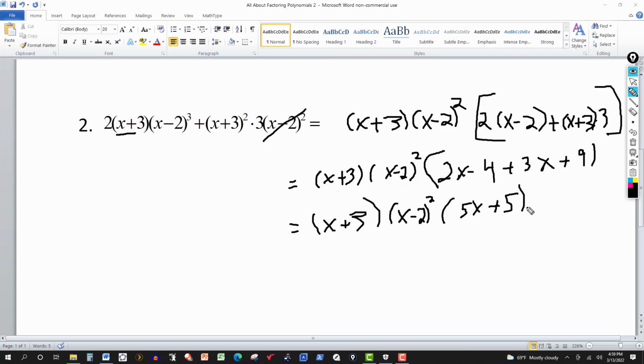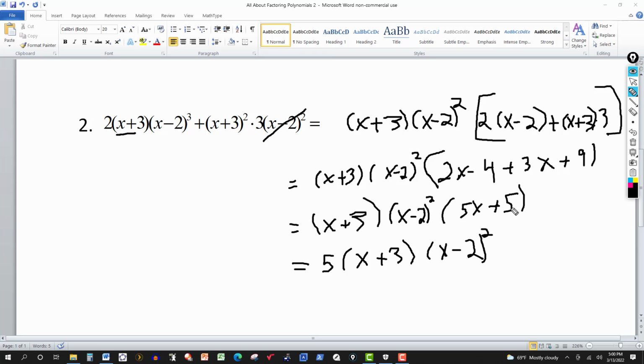Remember, always factor completely. 5x plus 5, a factor of 5 in common. So I'm going to factor out a 5 out of that one. I just put it out in front. Everything else stays the same other than that last term, so this is still going to be x plus 3, x minus 2 to the second.